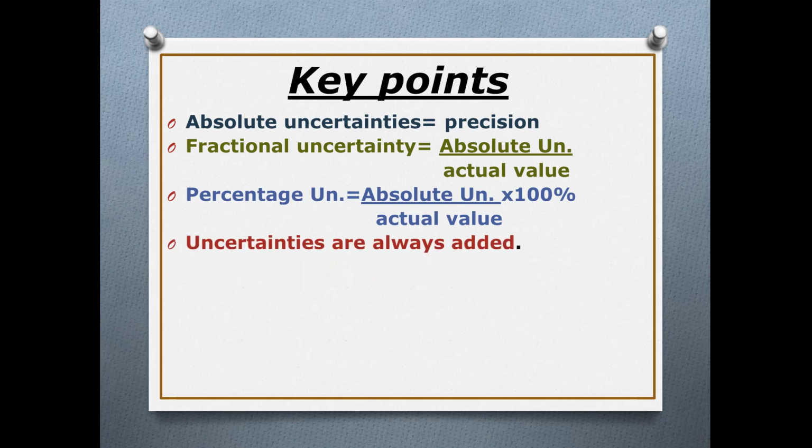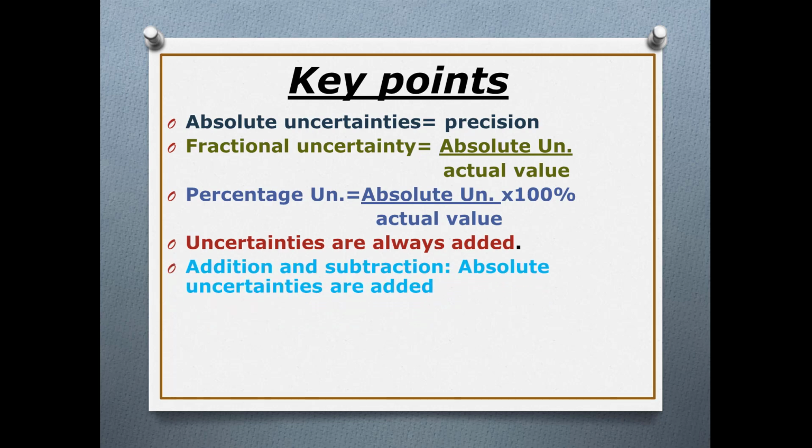Also, uncertainties are always added. Whether we are doing questions of addition, subtraction, multiplication or division, we always add the uncertainties. In addition and subtraction, we simply add the actual values and add their absolute uncertainties, nothing else.